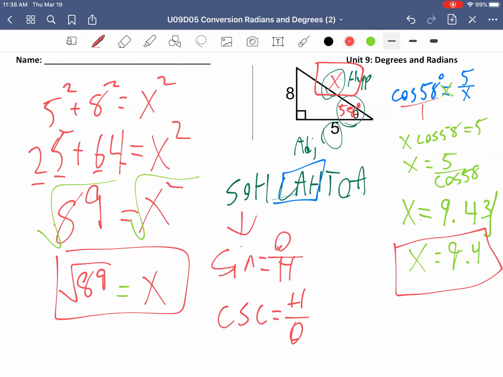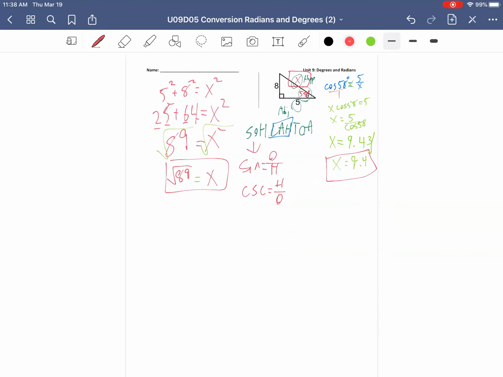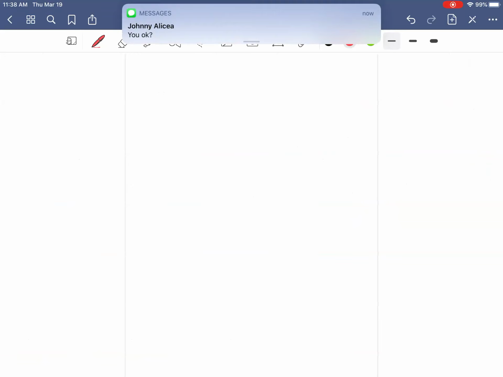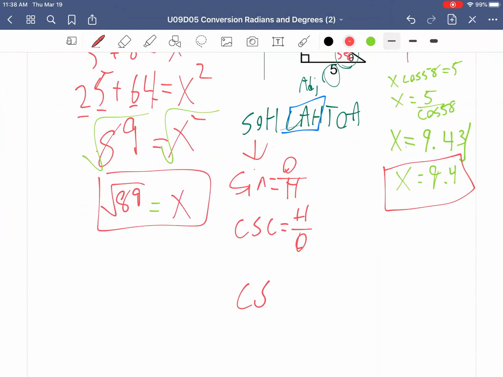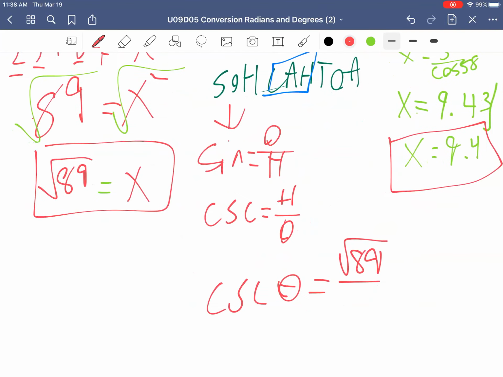So the cosecant of 58, did it say 58, or theta? What is the cosecant of theta? So the cosecant of theta's exact value is equal to radical 89 over, what's the opposite? The opposite is 8.